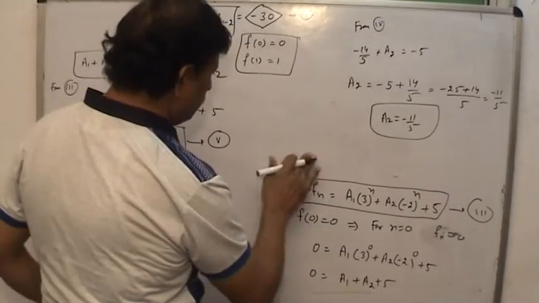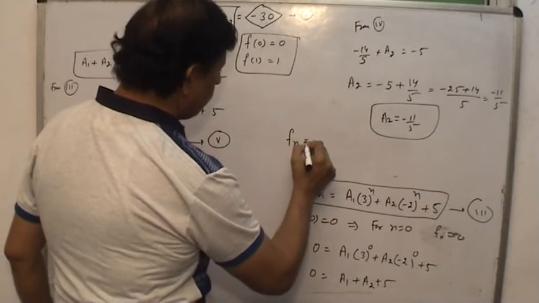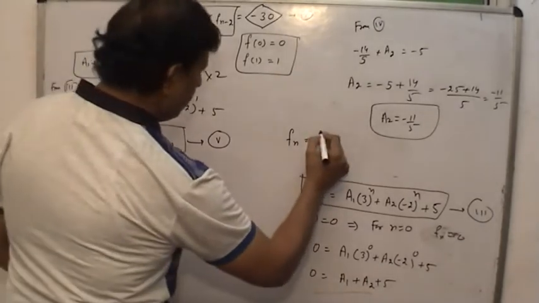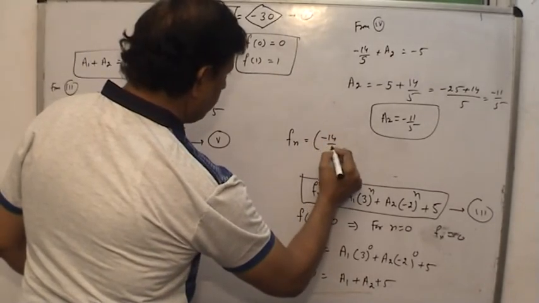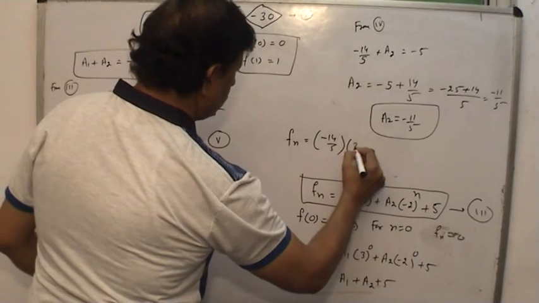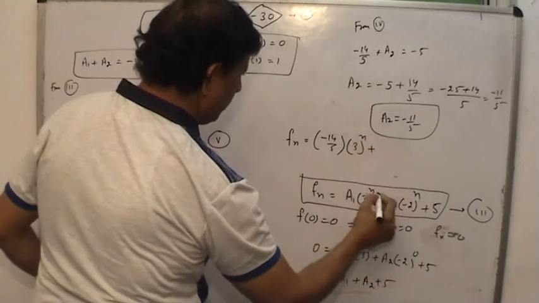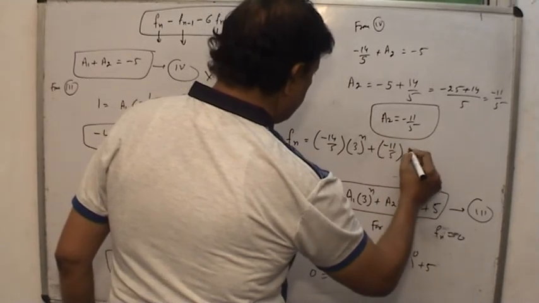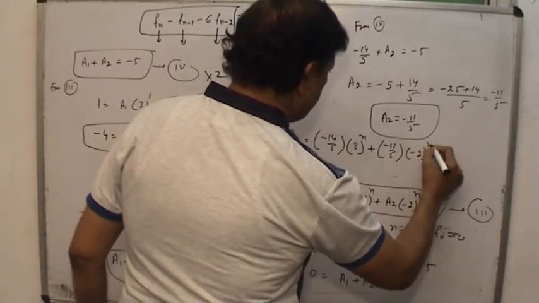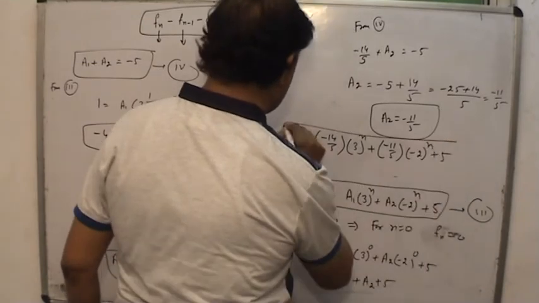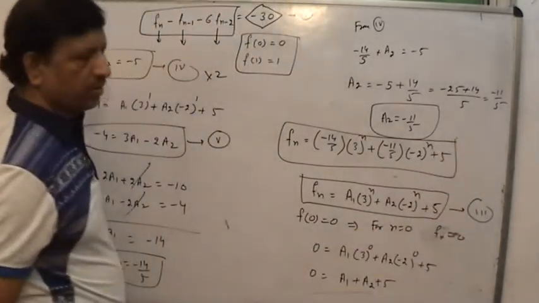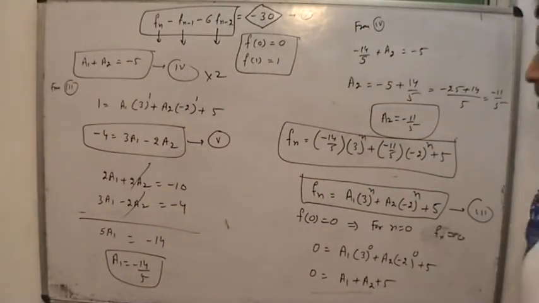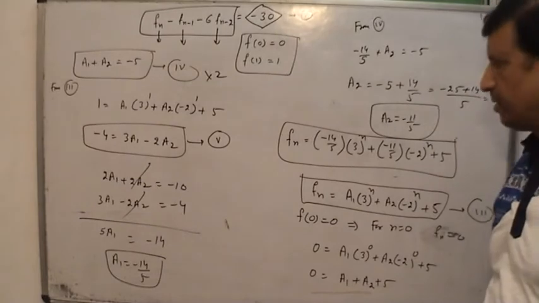Therefore, the final solution for the non-homogeneous recurrence relation becomes Fn is equal to minus 14 upon 5 into 3 raised to the power n plus minus 11 upon 5 into minus 2 raised to the power n plus 5, and 5 was the particular solution. This is the final solution for a non-homogeneous recurrence relation containing the constant term.